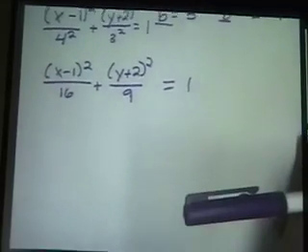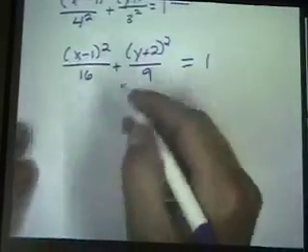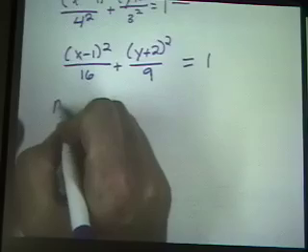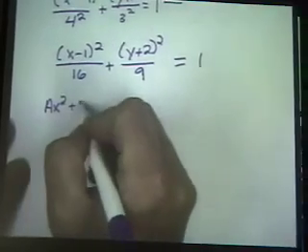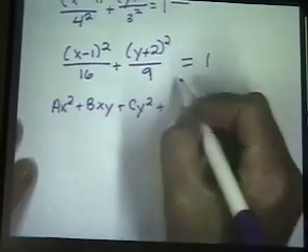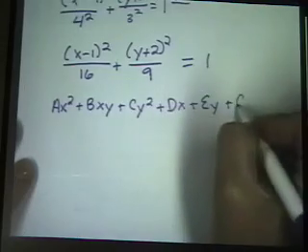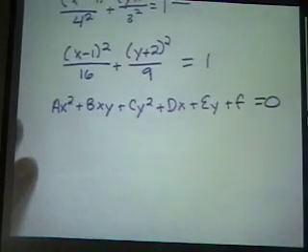We're going to finish this problem right here, and get some more space. In order to simplify this, I want it in the form Ax squared plus Bxy plus Cy squared plus Dx plus Ey plus F equals 0.